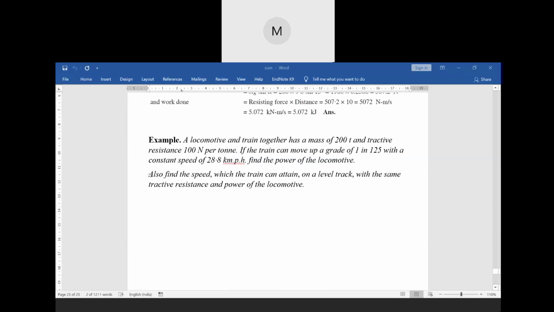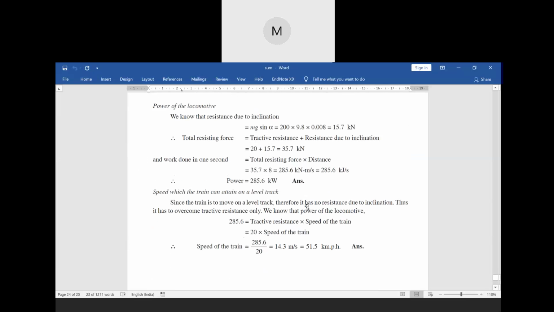It is also given to find out the speed which the train can attain on a level track with the same tractive resistance and power of locomotive. Now you know the power is 285.6 kilowatt. So just remember one thing, the unit of power is kilowatt or watt.